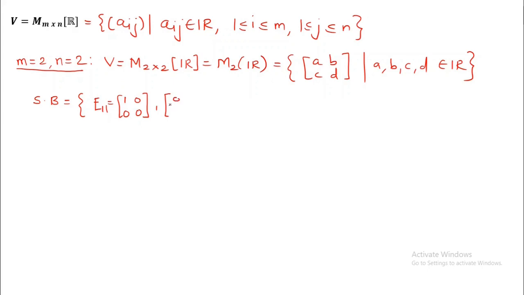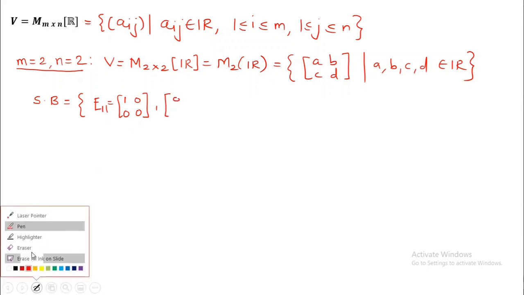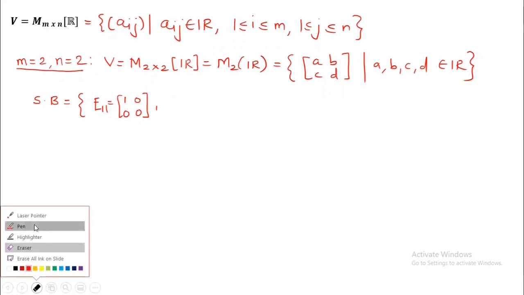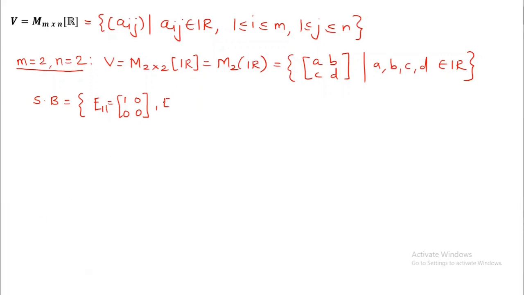So therefore our basis set will also be collection of 2 by 2 matrices. E12, which is equal to 0 1 0 0. Next, E21, which is equal to 0 0 1 0, and last one E22, which is equal to 0 0 0 and 1.